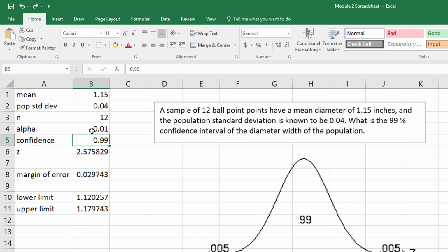Probably what would be best is to hard code my confidence in, and then make my alpha 1 minus that value, so when you change the confidence, it updates your alpha as well. Excel is wonderful to use if you really learn how to use it for the formulas.